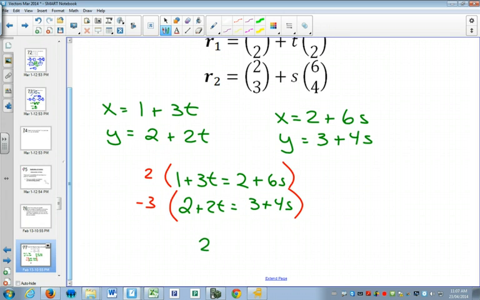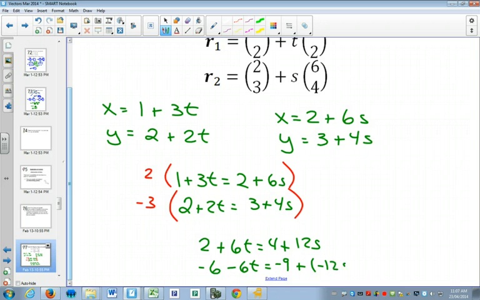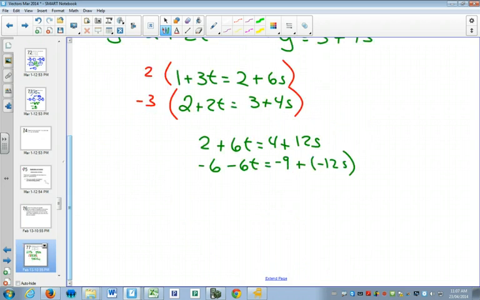I'm going to get 2 plus 6t equals 4 plus 12s as the first equation, and -6 minus 6t equals -9 plus -12s. So we chose 2 and 3 because we wanted to get rid of the s's.